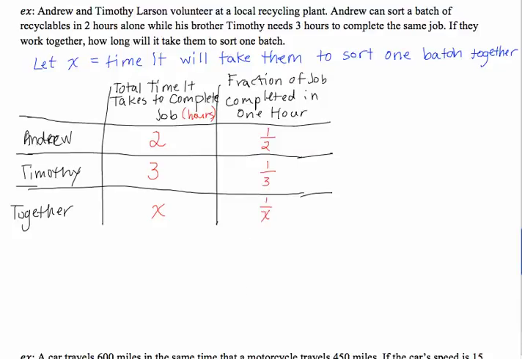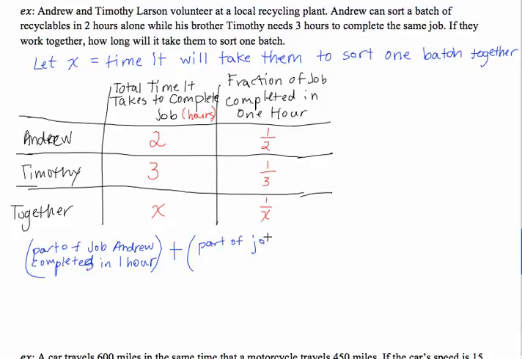Now, why am I looking at it like this? Because this is how we're going to break it down. The part of the job that Andrew completes in 1 hour, if we add that to the fraction of the job that Timothy completes in 1 hour, well then we're looking at the fraction of the job that they complete together in 1 hour.